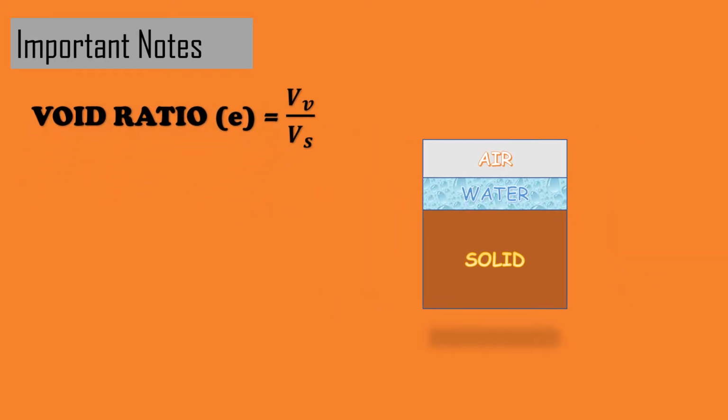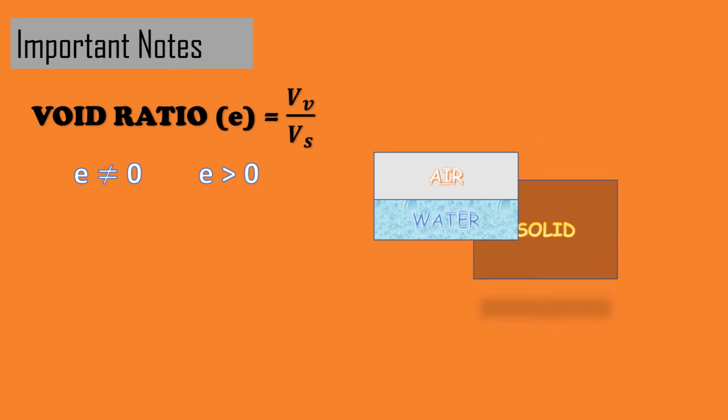Now, let's see some important points related to void ratio which should be noted. The voids in the soil mass will never be zero, as soil always contains air voids. So according to the formula, void ratio cannot be zero and will always be more than zero.